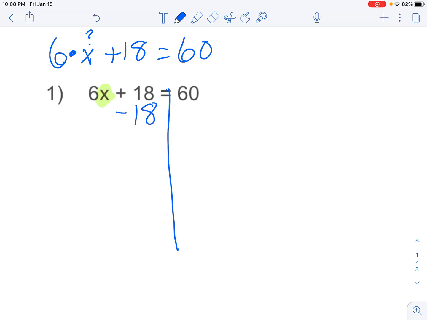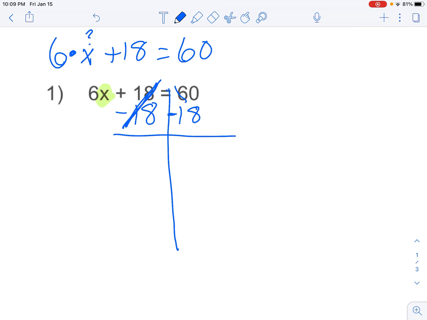If I do it to this side of the equal sign, then I do it to the other side of the equal sign. So now I have on this side 18 minus 18. It's 0. You don't have to write 18 minus 18 equals 0. You could just cross them off. But on the other side, 60 minus 18, I can do.